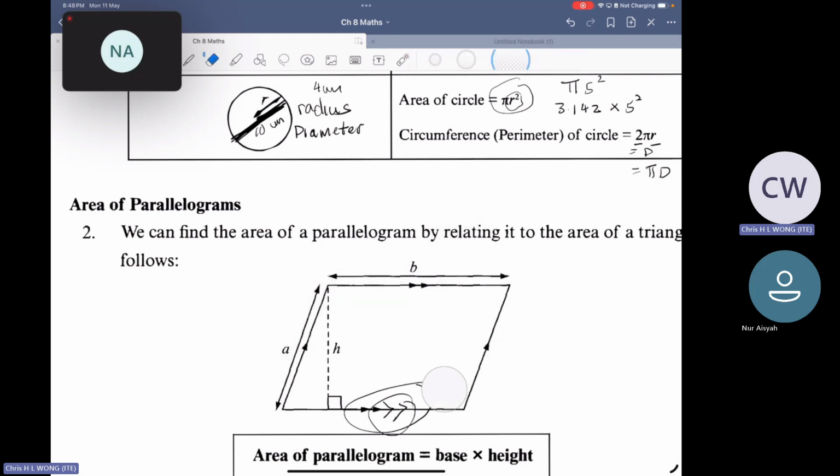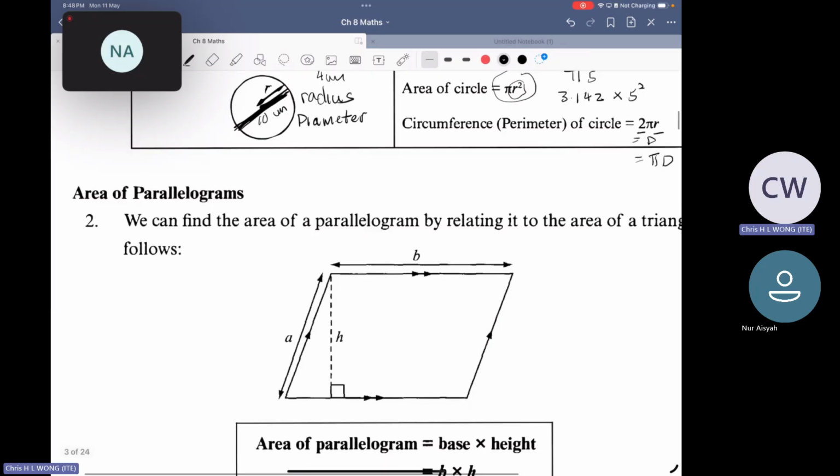Now the area of the parallelogram is like a rectangle, right? Instead of length and breadth, we call this base times the height. But it sounds like a rectangle, no?